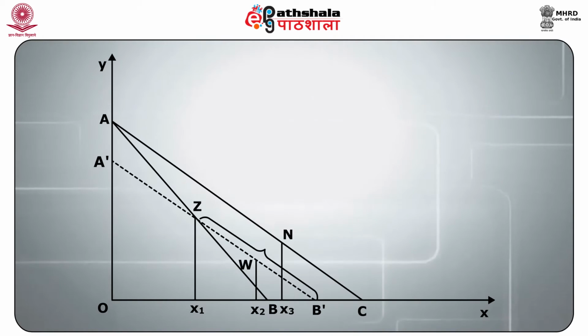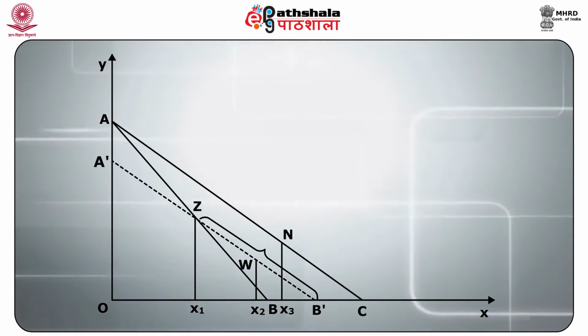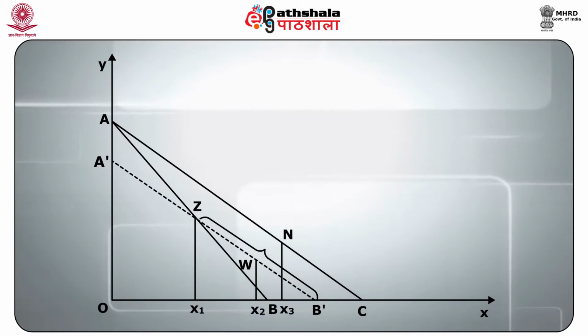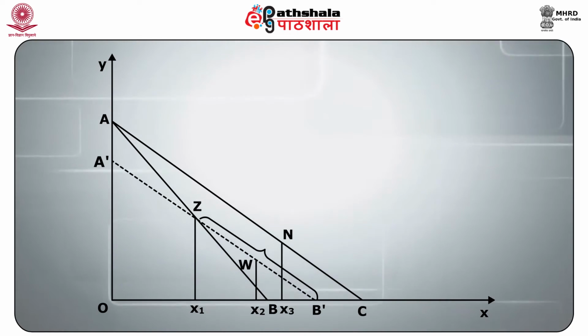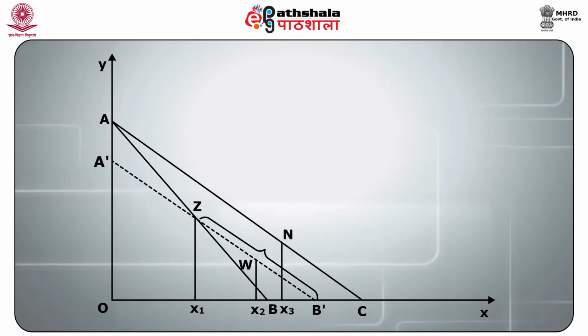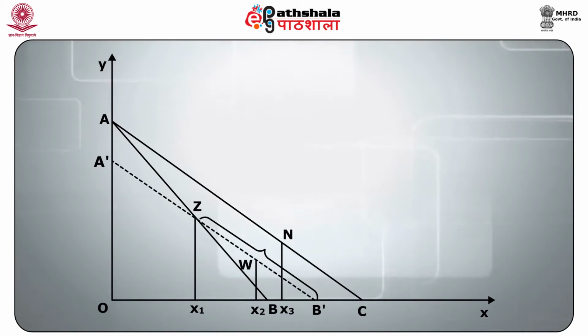So the new budget line is now AC. If the new budget line is AC, then W remains within AC, and therefore W is an inferior point as far as the consumer's utility or satisfaction is concerned.